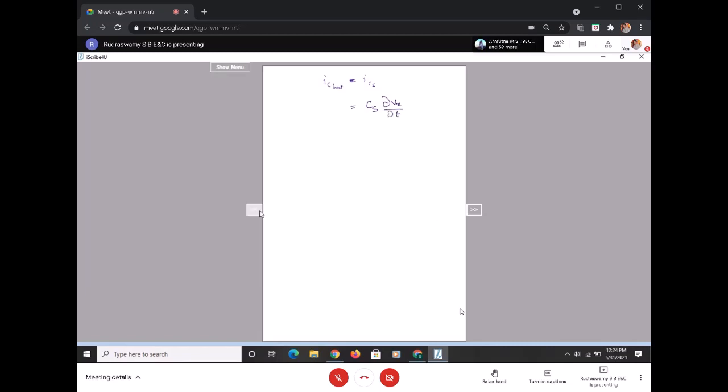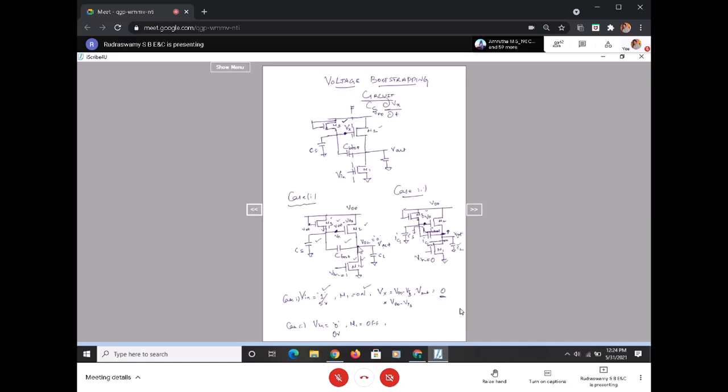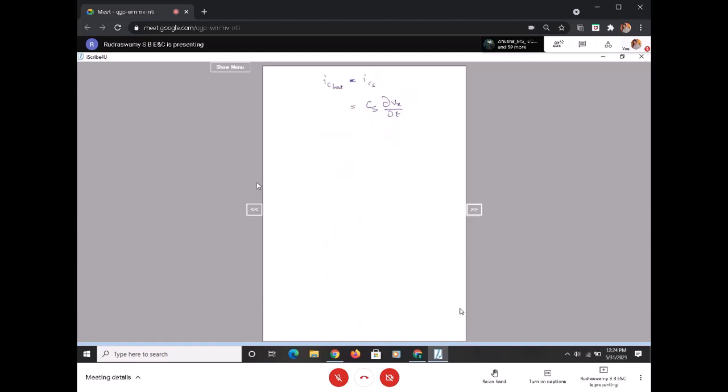Similarly, what is my I boot here? The current is flowing from the V out to Vx. So I can write my IC boot, the current through the boot capacitance. First, it is C boot. Can anyone tell me? What is the current with respect to the capacitance that is flowing?